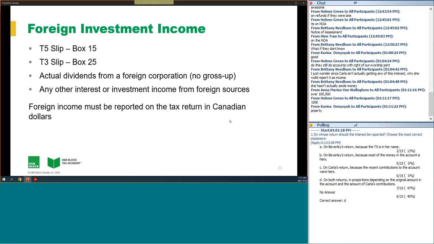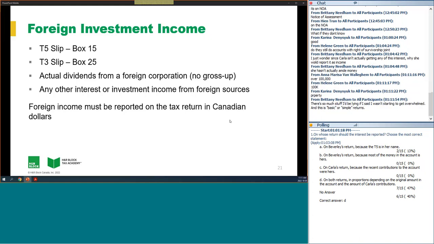And remember, if there's income on a T1135, whether it's income from the investment, dividends or interest, or property rent, or capital gains because they sold shares or they sold a property, remember that all of that income does need to end up on the tax return as well. So if you are preparing a T1135 for your client and you have income on that T1135, make sure you're finding the right place on the tax return to put it.